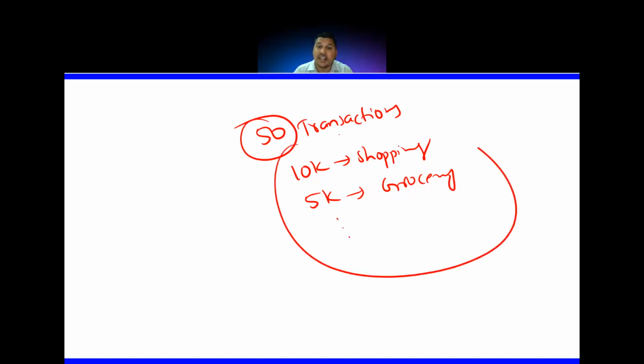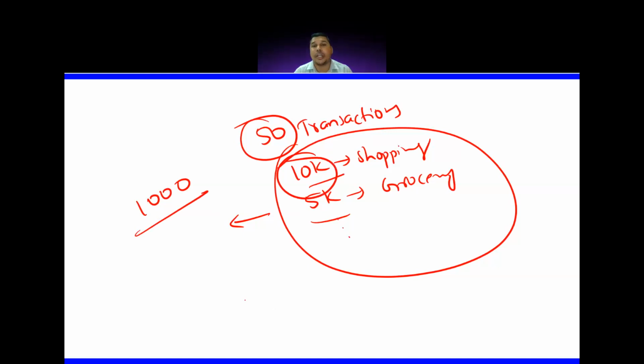Based on this data, they may assume that this is the average value, so even those 1,000 customers might be spending 10K on shopping. So they want to spoil us. They want to give some offers. They keep sending vouchers. They'll say, if you use our SBI debit or credit card for shopping, we are giving you 50%, 20%, 30%. Whatever offers they want to give, so that you keep using their banking facilities. So they want to draw some insights like this.